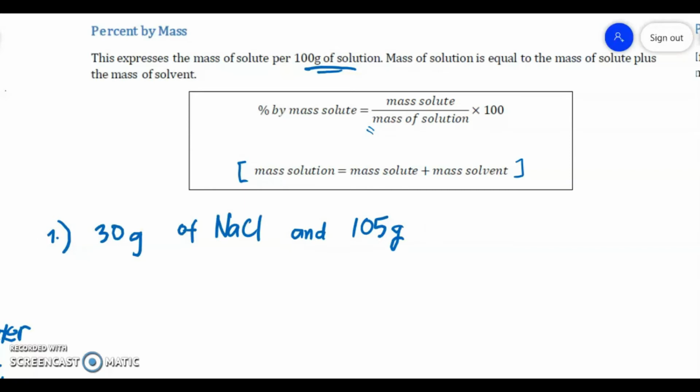Find the percent by mass using the givens. We have 30 grams of salt and 105 grams of water. We simply use the formula. First we'll solve for the mass of solution.